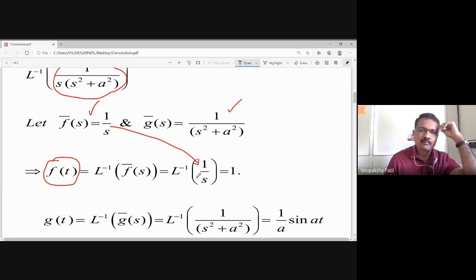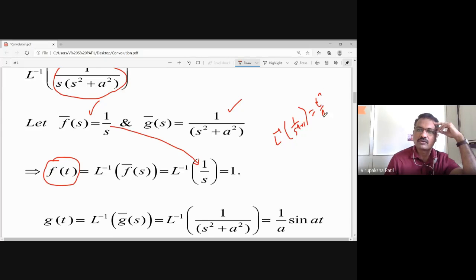Therefore, L inverse of 1 by s is 1, because you already know that L inverse of 1 divided by s raised to n plus 1 is t raised to n divided by n factorial. If you compare this to n plus 1 here, it becomes n plus 1 is equal to 1, so n is equal to 0.